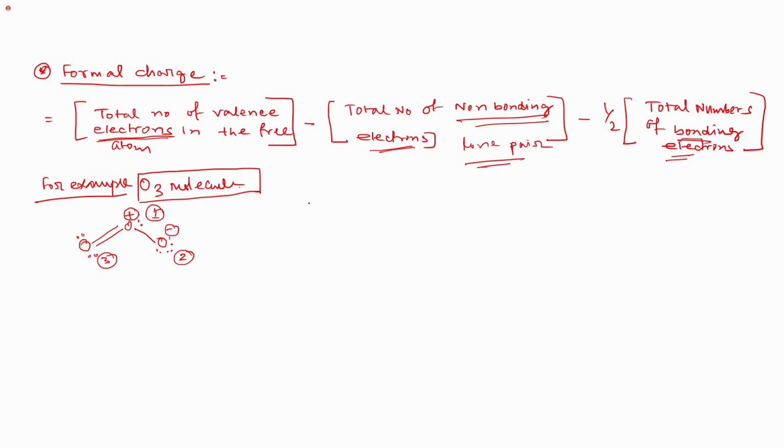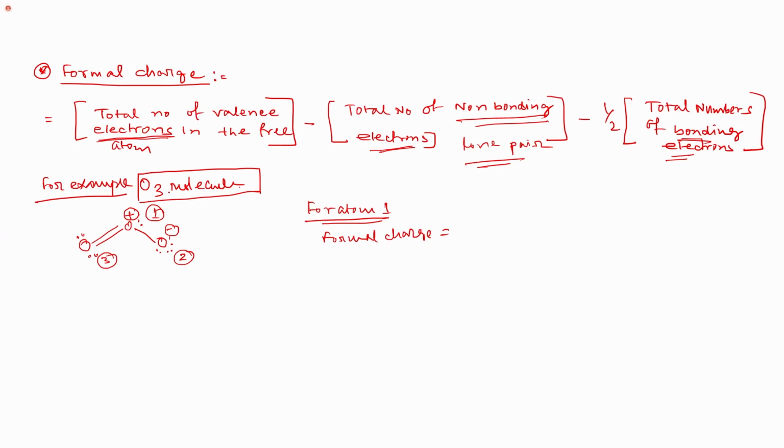Now for atom 1, the formal charge is, by the rule, the total number of valence electrons in the free atom.